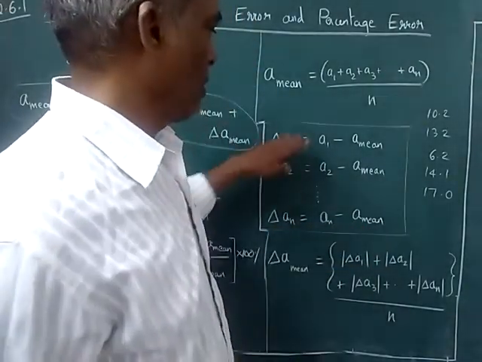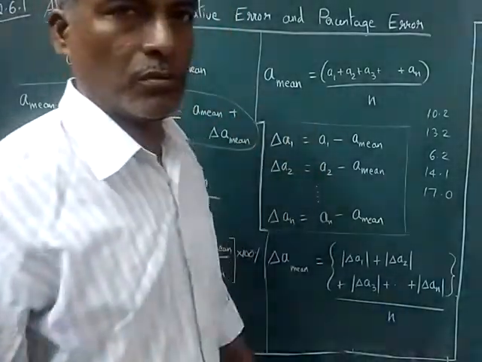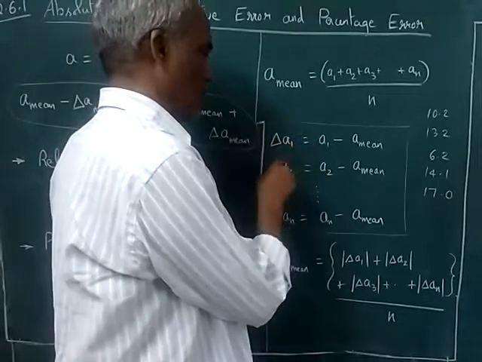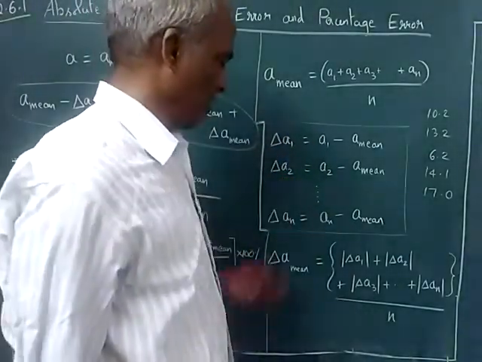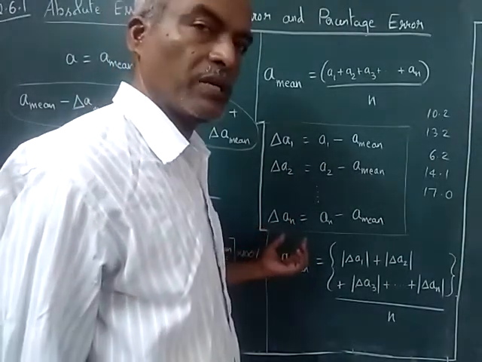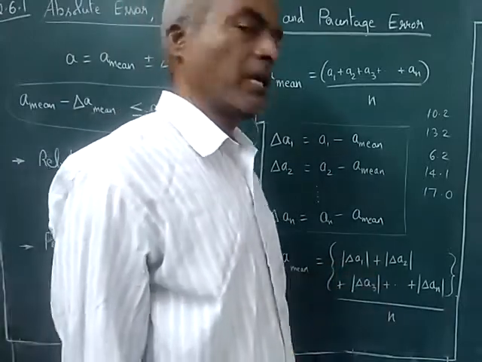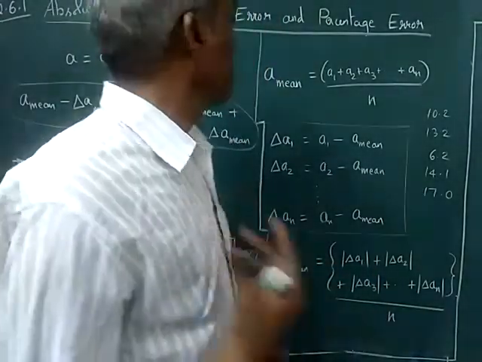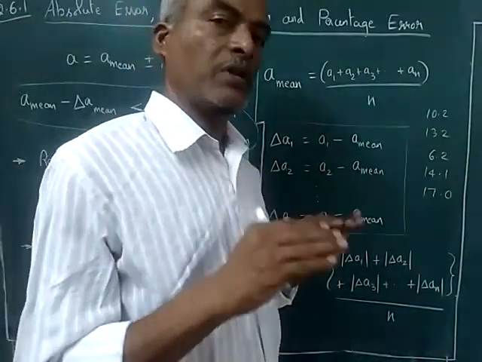Now we have got all these things. Next you find the magnitude. Magnitude means modulus: modulus of del A1, del A2, del A3, and likewise up to del AN. If you find the magnitude, as I already told you, it is called the absolute error. Now I want the average of it.